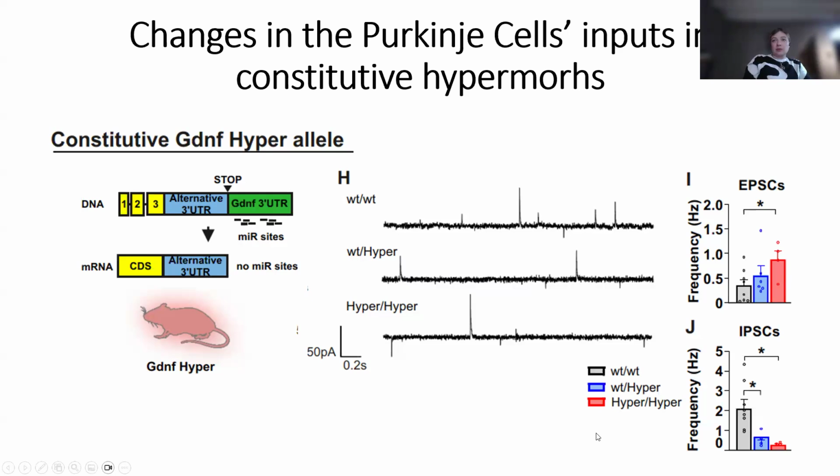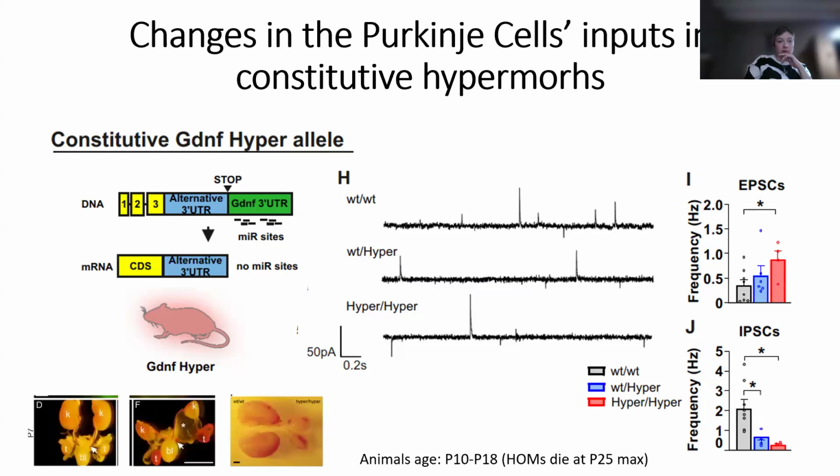But these animals were P10 or P18, because the homozygous animals die at P25. So it's like 100% of animals die because of kidney problems, kidney malformation. So you can appreciate in this image how it develops.